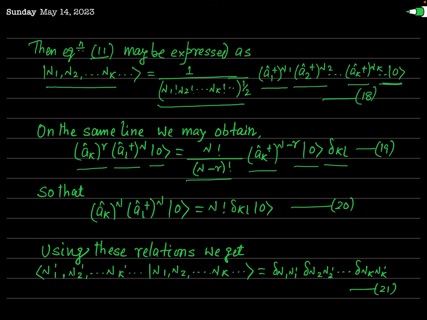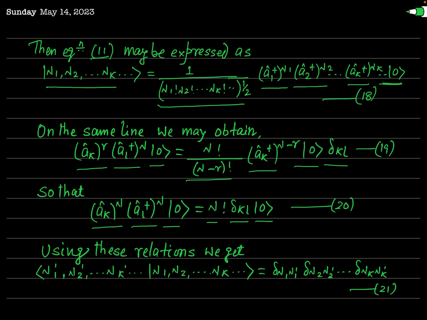Delta kl is the Kronecker delta. And so you can see that this result can be written as ak to the power n al dagger to the power n ket 0 is n factorial delta kl ket 0.